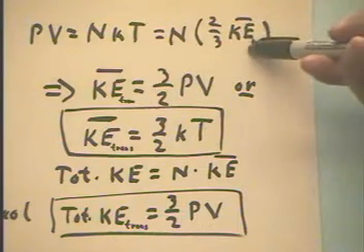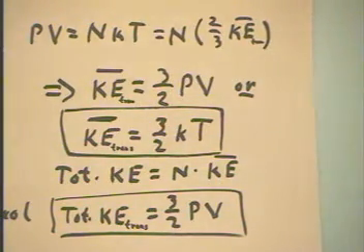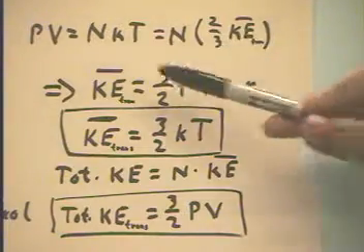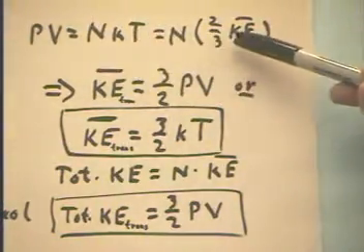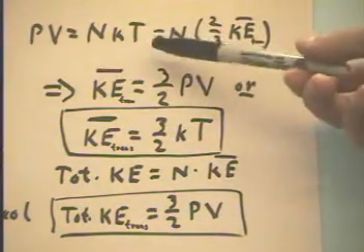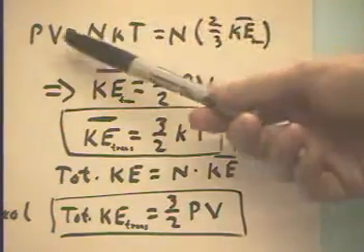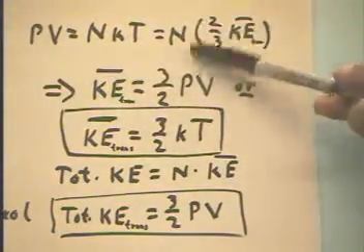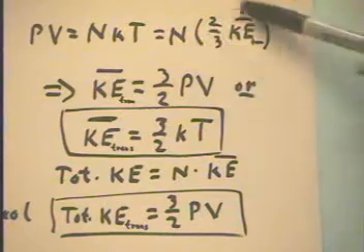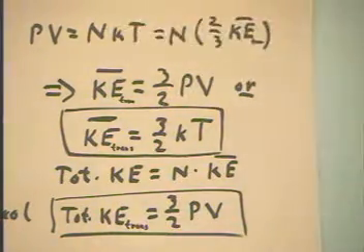So I'm going to be specific here about this. I wasn't specific before, but this is now translational kinetic energy. Okay, so temperature is related to the translational kinetic energy. PV equals big N times 2/3 of the average translational kinetic energy. This means that this quantity here must be equal to KT.